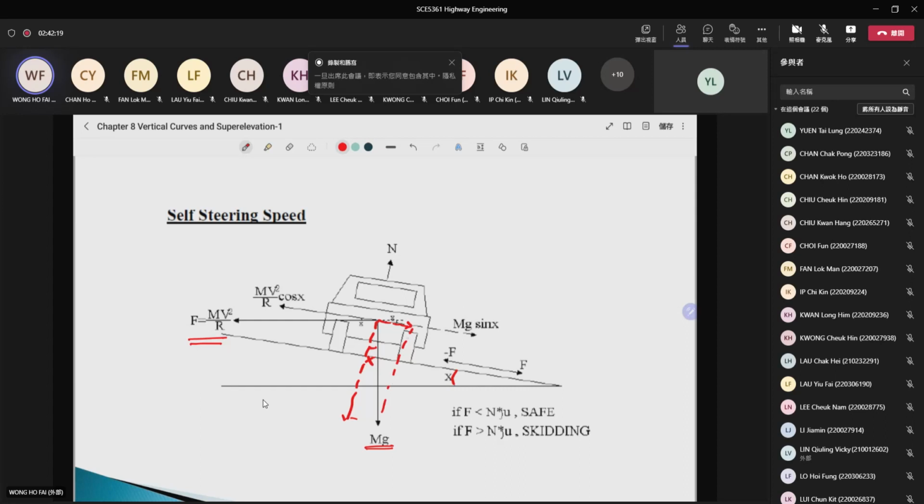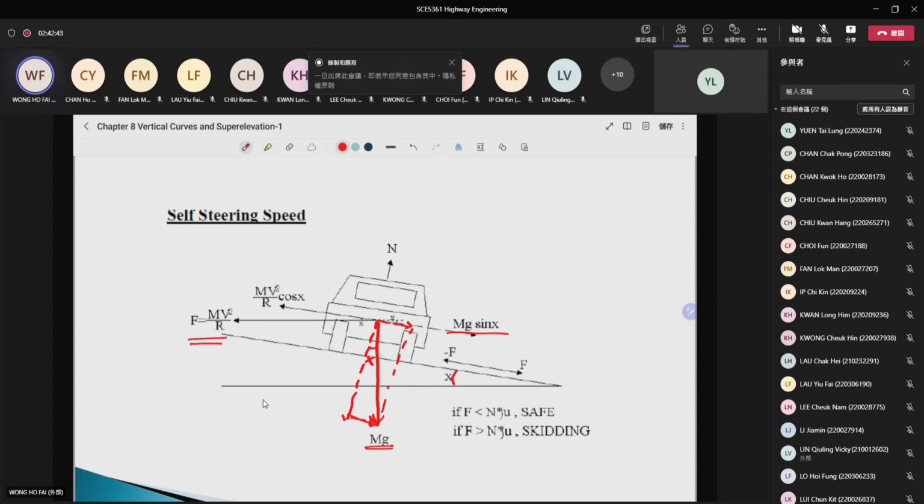And then the force along the road is actually mg sine x. Because the vertical force is actually equal to mg, the component parallel to the road is actually equal to mg times sine x.